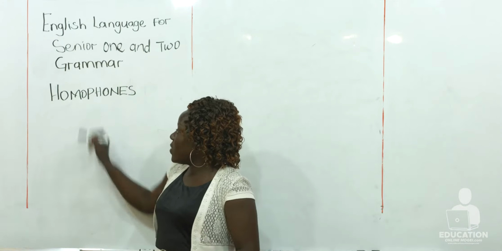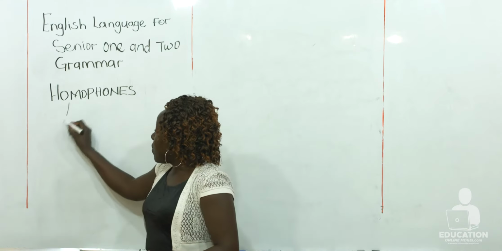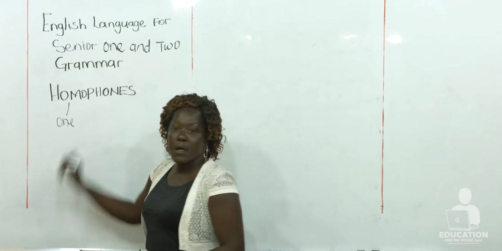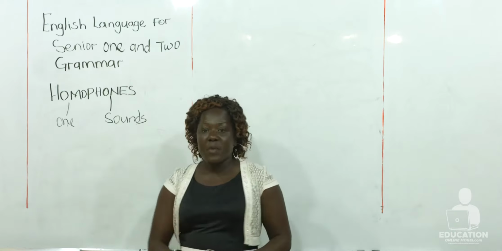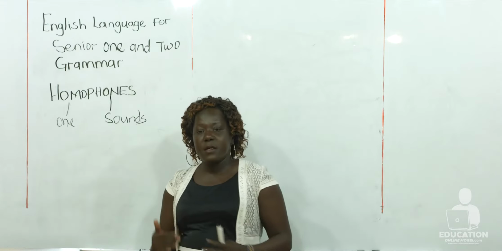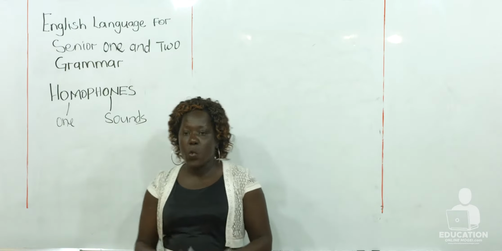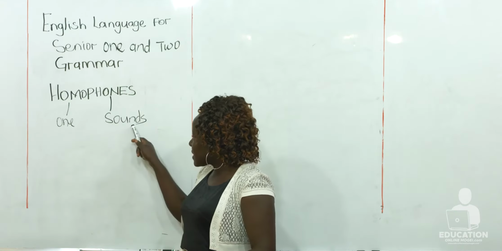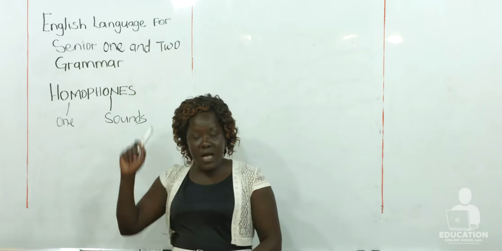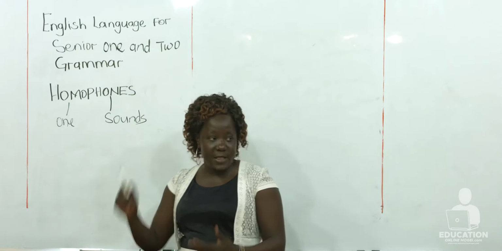Homo, which means one, and phone, which means sound. So homophone means the study of words with the same sound or one sound. So the sound must be similar or the same.